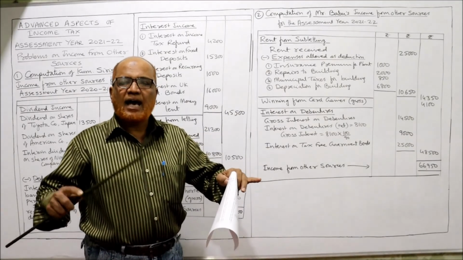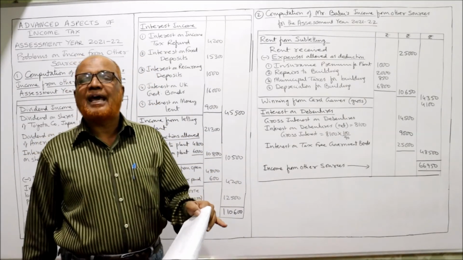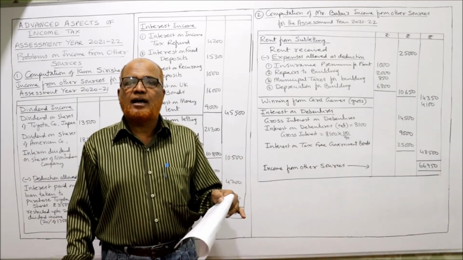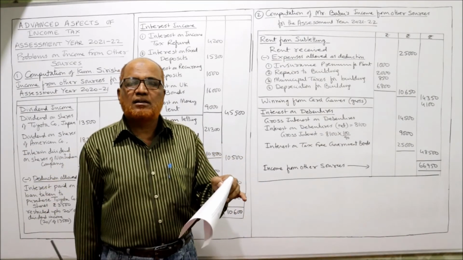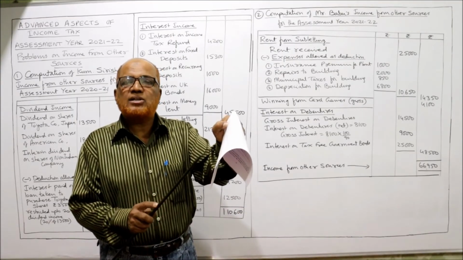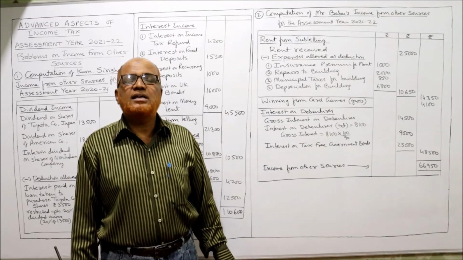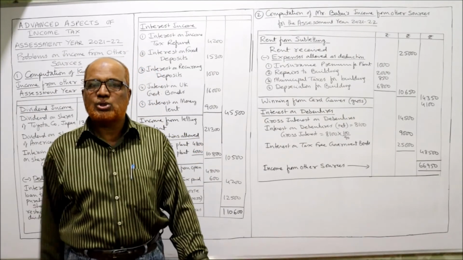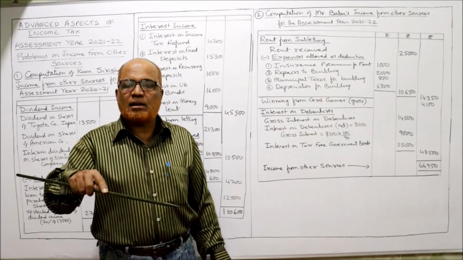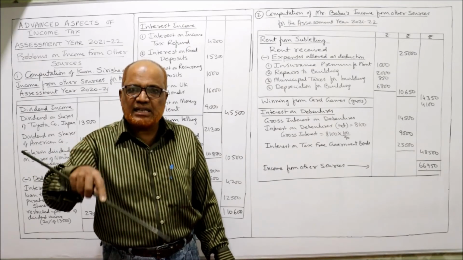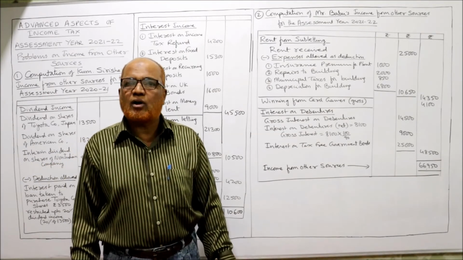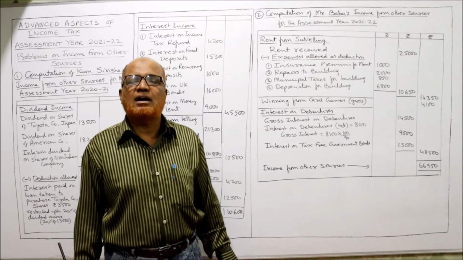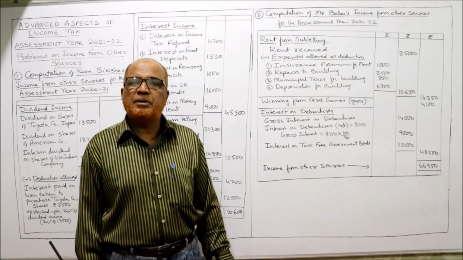If a business has sold the machinery on HP system and there is a default on the part of the buyer and advance money is seized, this HP, hire purchase down payment seized, is taxable under income from business, not under income from other sources. So in the hire purchase agreement, if the down payment is seized for non-fulfillment of the contract, then that amount seized is taxable under income from business, PGBP.